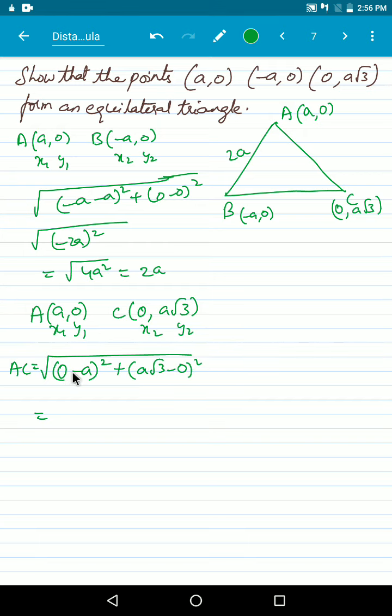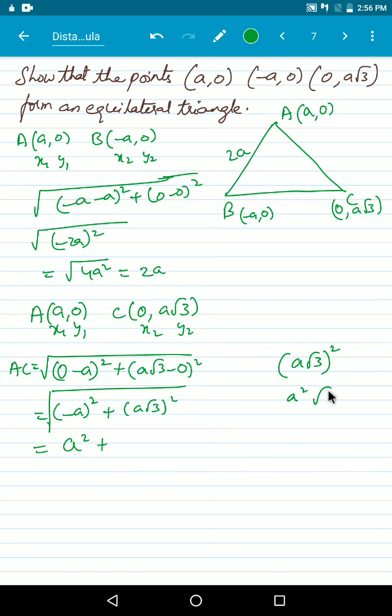So 0 minus a is minus a, so minus a whole square plus a root 3 minus 0 is a root 3 square. Okay, minus a whole square is a square, plus, see here, this is a root 3 square. So square is for a, so it is a square, square is for root 3 also, right? Now you can cancel, or you can write this as 3 square means root 9, or it will be equal to 3.